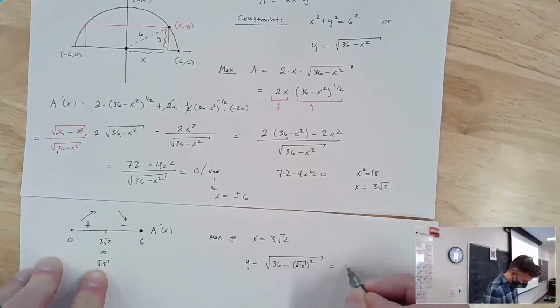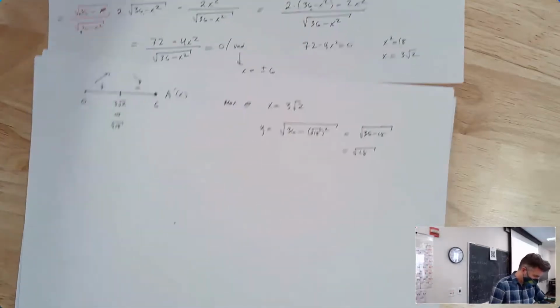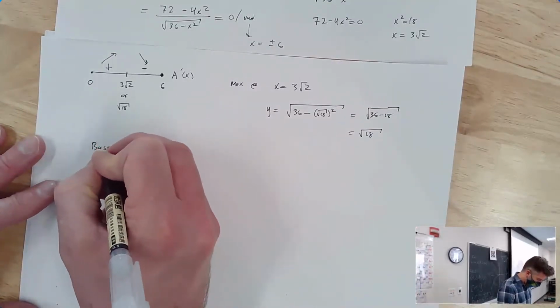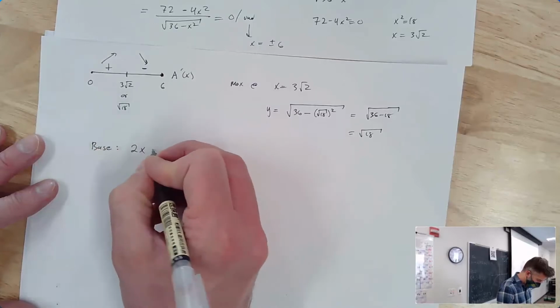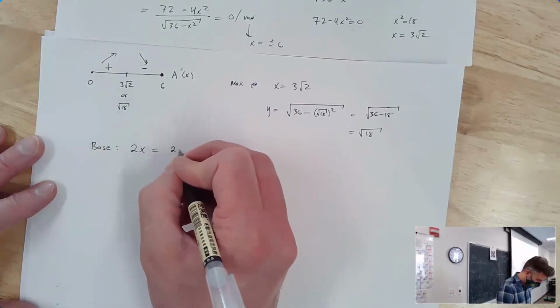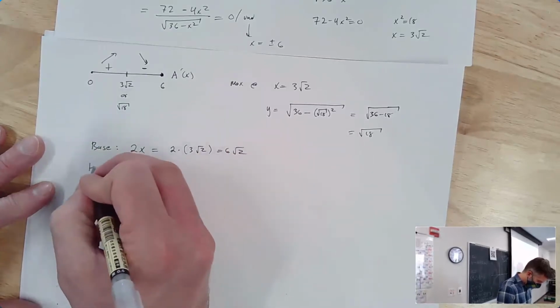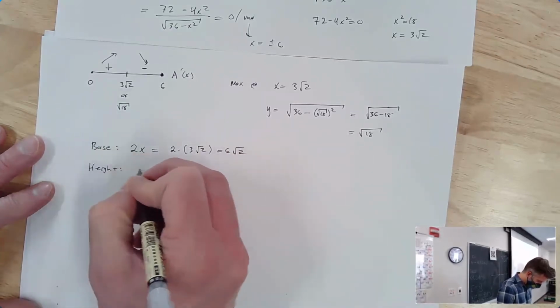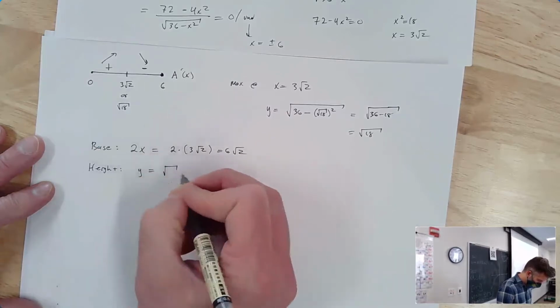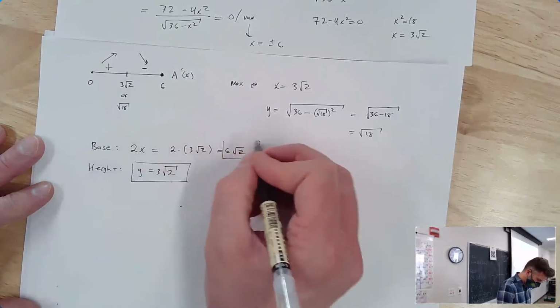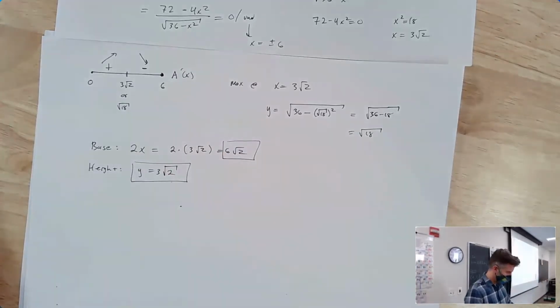That's the square root of 36 minus 18, which is the square root of 18. So the dimensions of the rectangle are, the base is 2x, which is 2 times 3 root 2, which is 6 root 2. And the height is y, which is the square root of 18, which is 3 root 2. Inches.